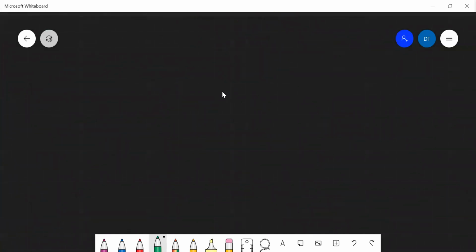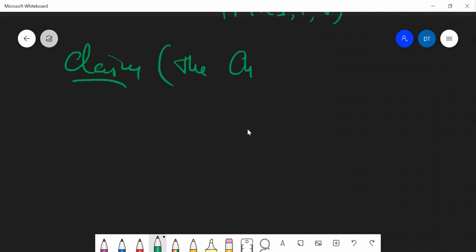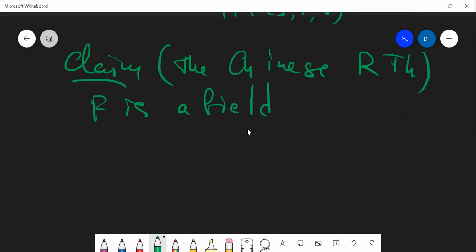Okay, so now I want to formulate a Chinese remainder theorem for the remainder ring of polynomials. So the Chinese remainder theorem. Suppose F is a field, and we have two polynomials here in F of x.